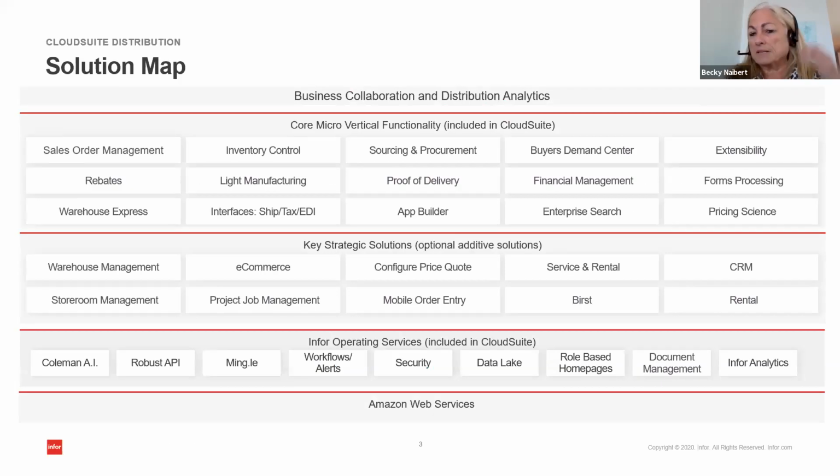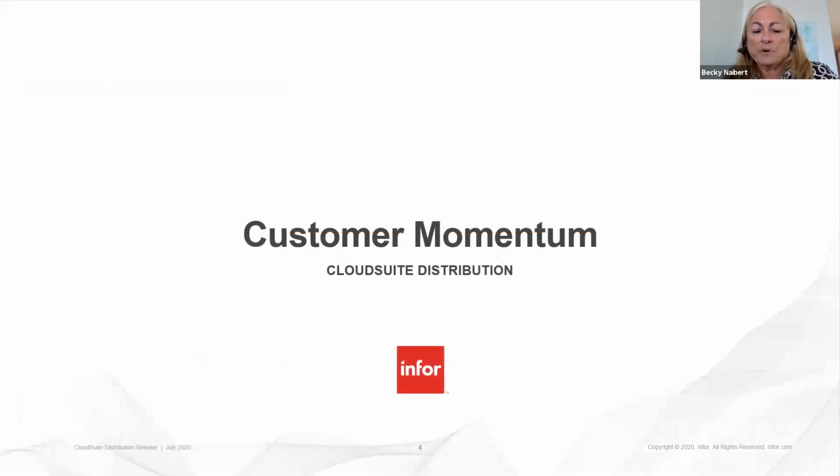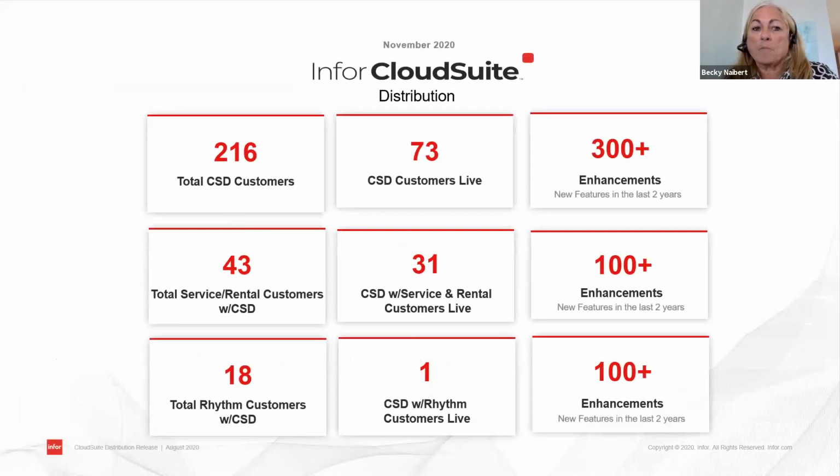So you've probably seen this slide before. It basically just shows the complete solution map for Cloud Suite distribution, all of our optional products and our Infor OS that is part of Cloud Suite distribution today. First thing we'll talk about is a little bit about our momentum.